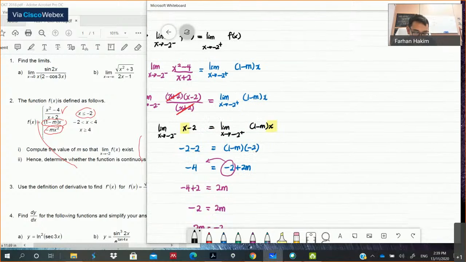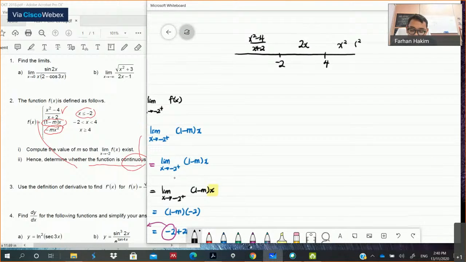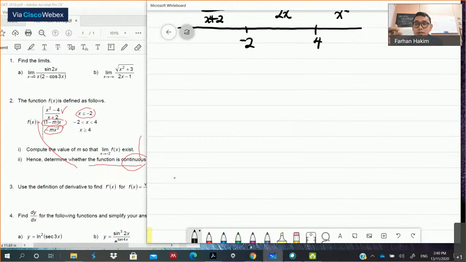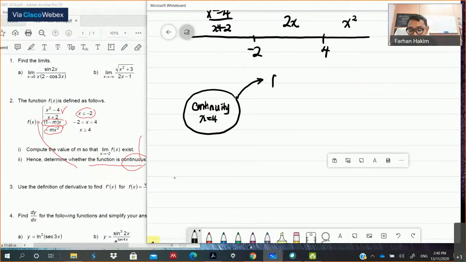Now we want to determine whether the function is continuous at x equal to 4. To check that, we have to check the three conditions for continuity. You don't have to write this, but bear in mind that you have to do this. Firstly, we check if f(4) is defined.